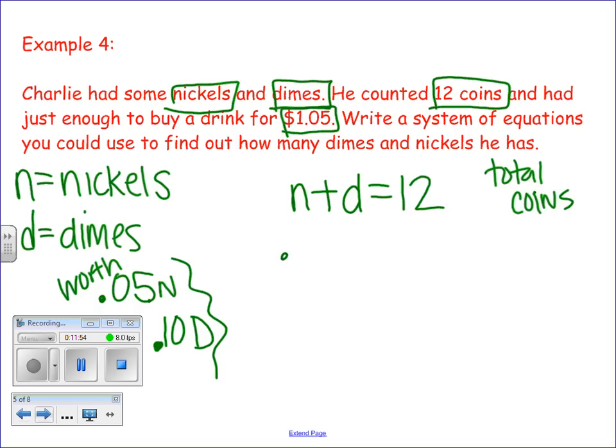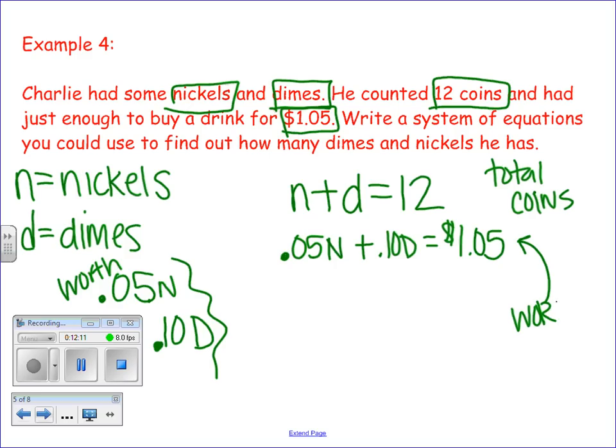So I know that I had 5 cents for every nickel plus 10 cents for every dime equals the total amount of money that I had to buy my drink, which was $1.05. This equation is the how much things are worth. This equation talks about the total number of coins that I had in my pocket or whatever.